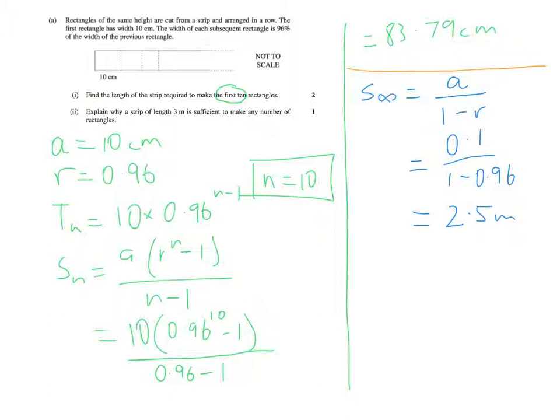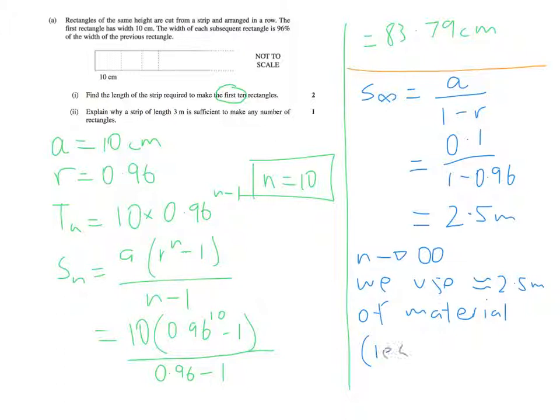Okay, so therefore as n approaches infinity, we use approximately 2.5 metres of material, which is less than 3 metres. So 3 metres is going to give us more than enough to be able to make any number of rectangles we'd like.